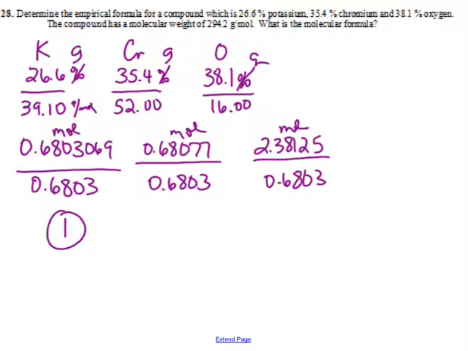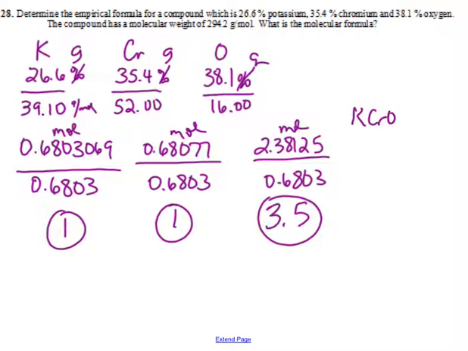What's this guy? It's a 1, right? It comes out to be 1.9 something. Now this is the one we need to talk about. What does your calculator say? 3.5. All right, we cannot write our formula. Can't do that. And we can't round.